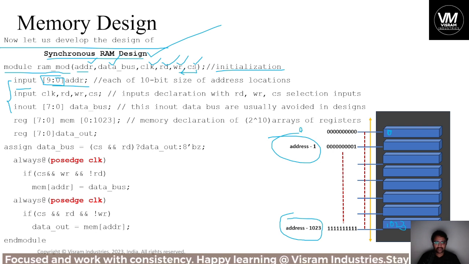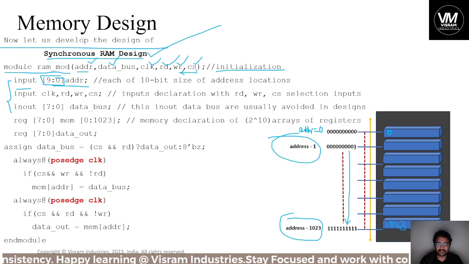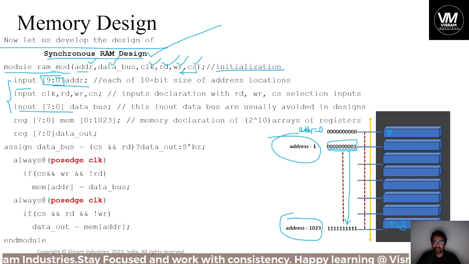Here the initial address is always set to 0. How many bits of address location do you have? You have 10 bits of address locations. And you have to give the inout data bus as well.